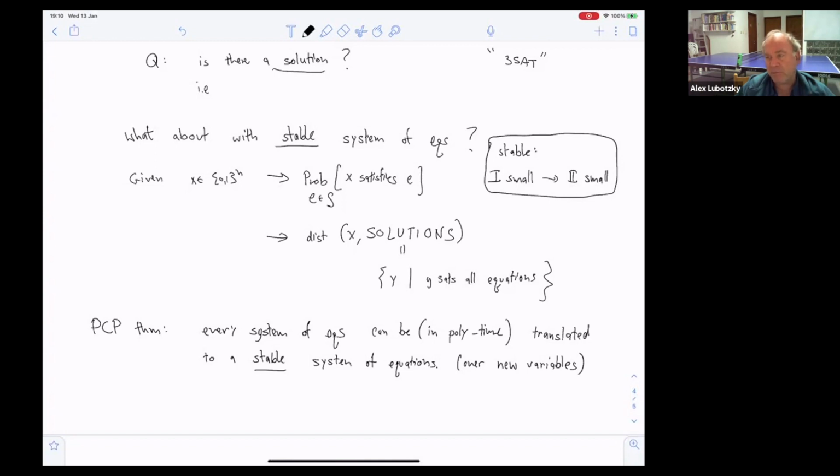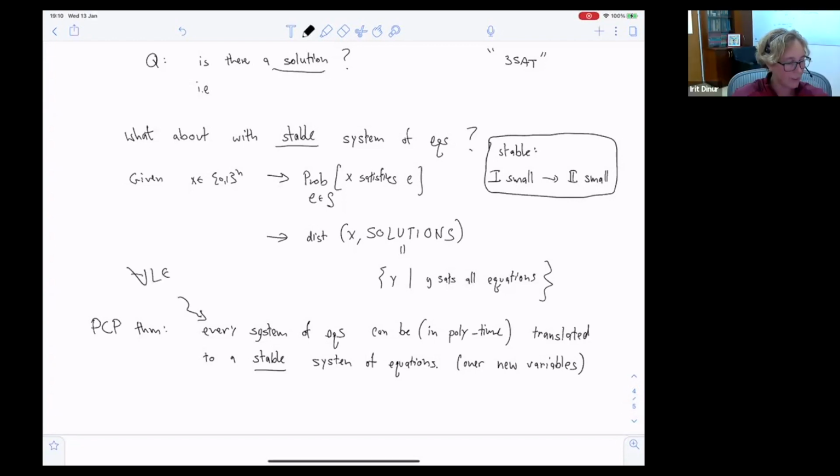Every NP problem can be translated to the system of equations problem, and then through the PCP theorem, it's translated into the stable system of equations problem. So every problem in NP can be recast in a stable way.